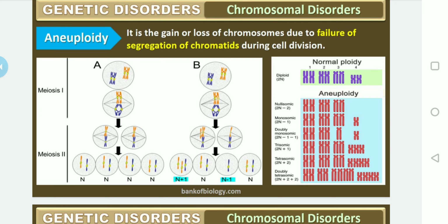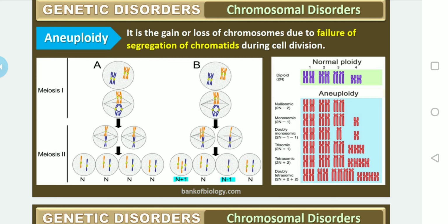But after this, check the types of aneuploidy. First, nullisomy: 2n minus 2, that means 46 minus 2, it becomes 44. It is an abnormality. Then there is monosomy: 2n minus 1, 46 minus 1, it becomes 45.